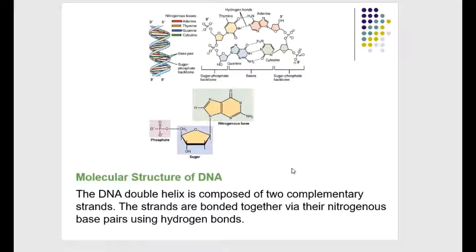Okay, DNA from a structural standpoint. DNA is made up of 4 different nitrogenous bases. Nitrogenous bases are what's actually different in the DNA that makes up the sequence. We have either an adenine, a thymine, a guanine, or a cytosine.